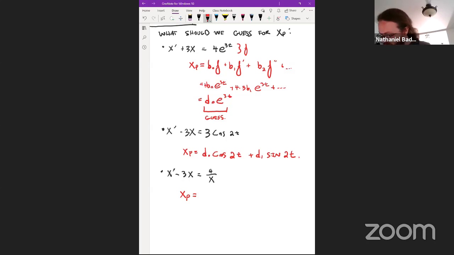So it's going to be something like b0 over x plus b1 over x squared plus b2 over x cubed, etc.